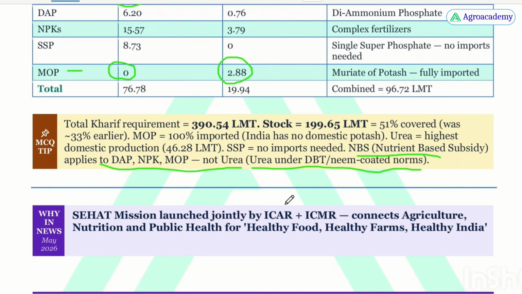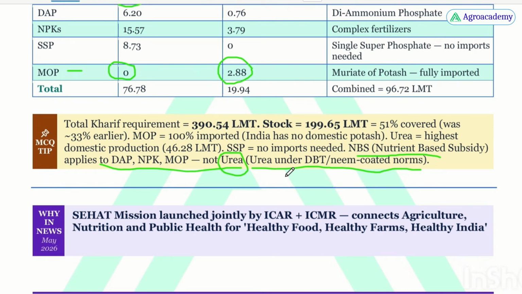Okay, what happens in case of urea? Whatever cost of production is there for the urea producing company, that cost is given by the government to the companies, so that farmers can get urea at the price which is already fixed.